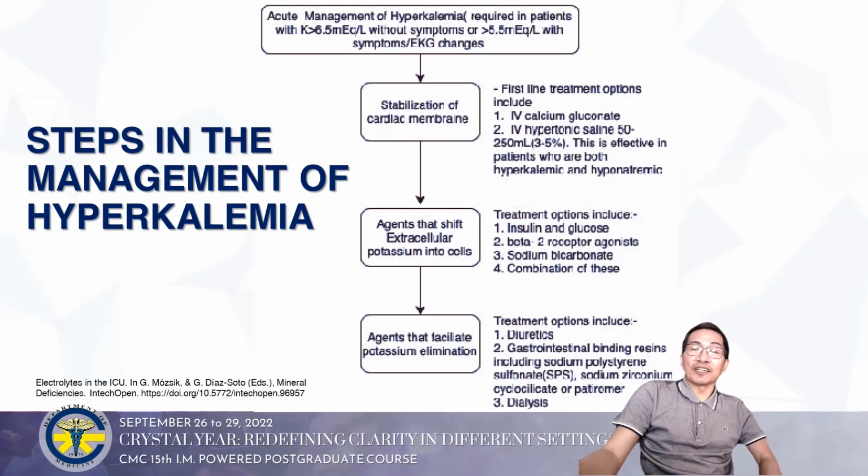And then after you've done this, you want to eliminate that potassium. Treatment options would include your diuretics, gastrointestinal resin binders, which could include your sodium polystyrene sulfonate, your sodium zirconium cyclosilicate or patiromer. And of course, if all else fails, hyperkalemia that is intractable to medical management is an absolute indication for dialysis.